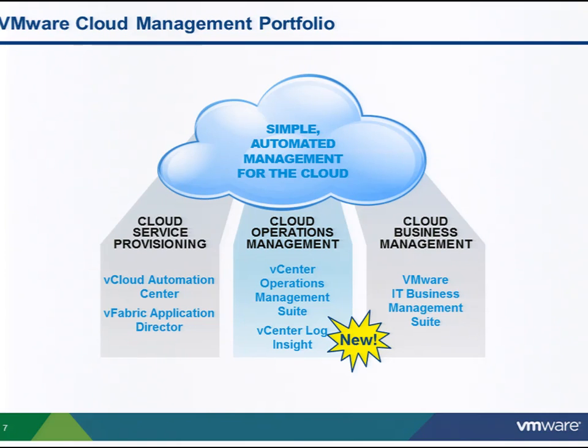The last pillar I wanted to emphasize is around cloud business management. And really, this is about providing that CIO level view. What is the cost of your infrastructure? What is the cost of services that you allow within your data center or even consume from outside? How are the vendors that you're sourcing from stacking up in terms of the SLAs they provide, for example?